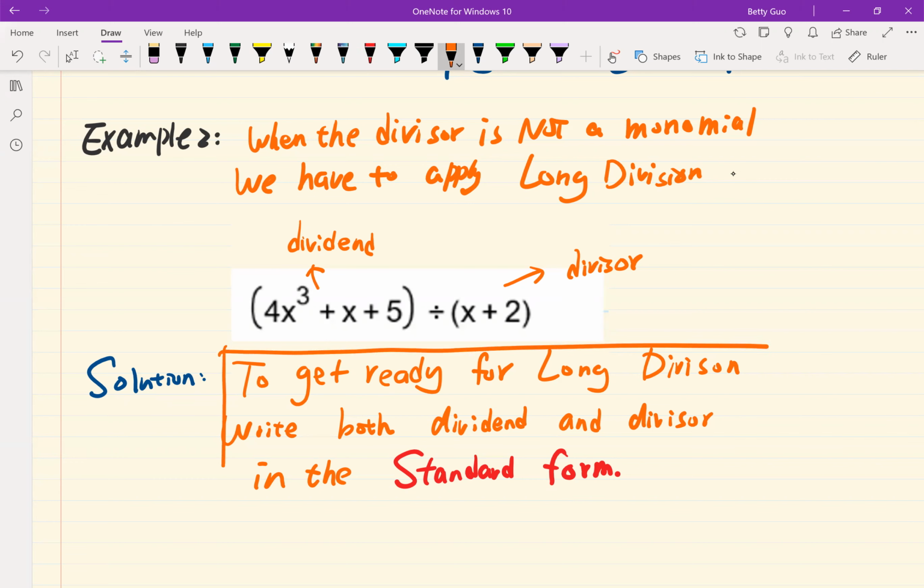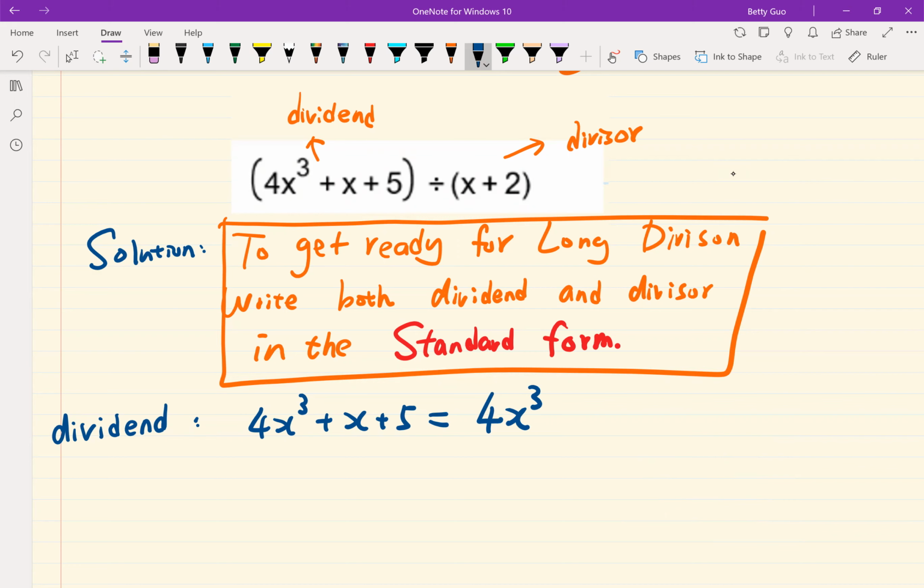Degree is 3. Leading term is 4x cubed. Do we have an x squared term? No. So what should we do? Remember that? The coefficient is 0, 0 times x squared. We are missing the x squared term. We have to write it out with coefficient 0.